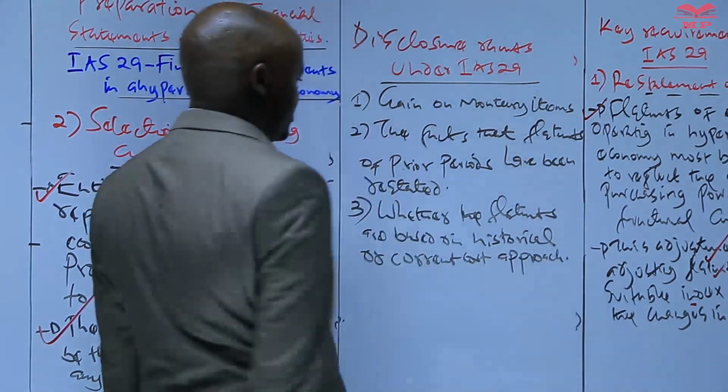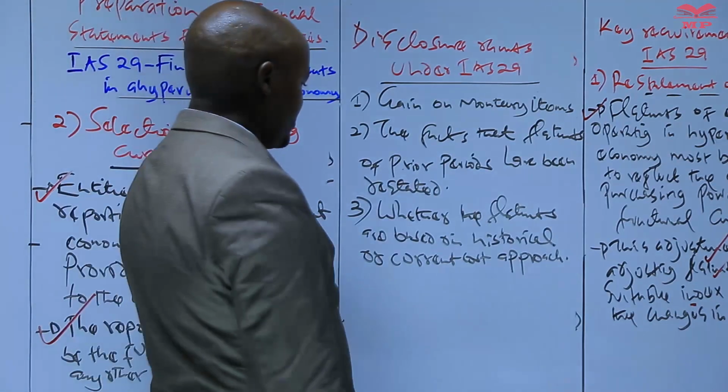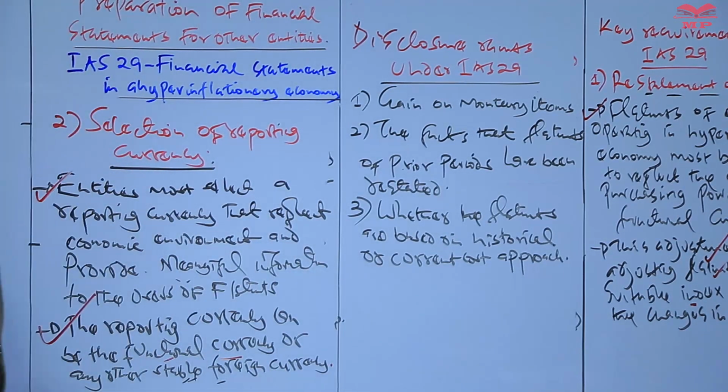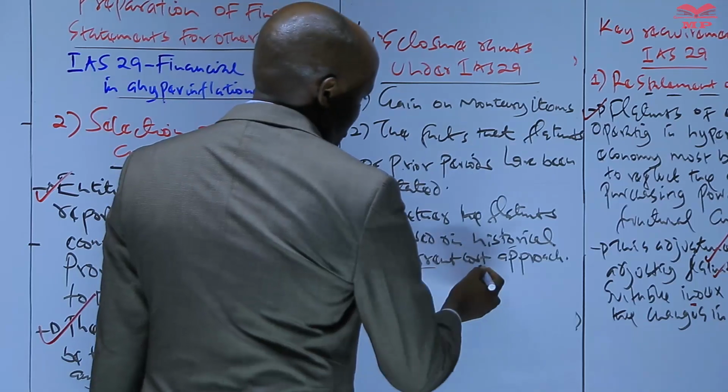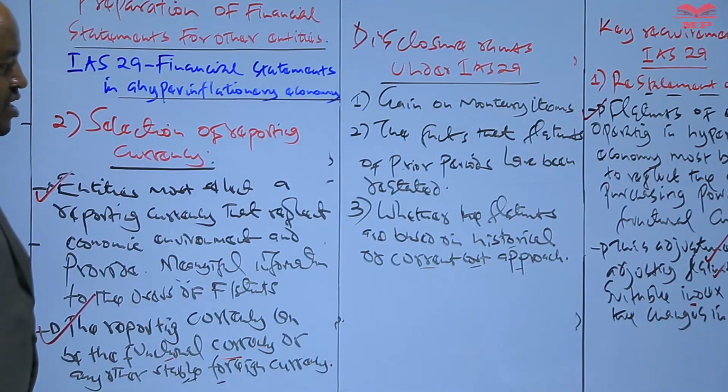So entities operating in a hyperinflationary economy are required to disclose the fact as to whether the financial statements which have been prepared are based on the historical or the current cost approach.